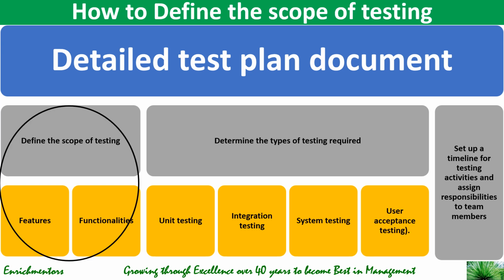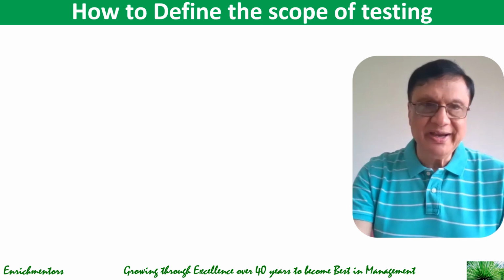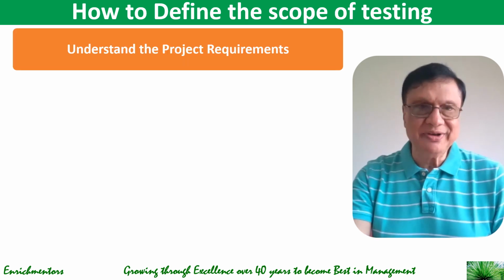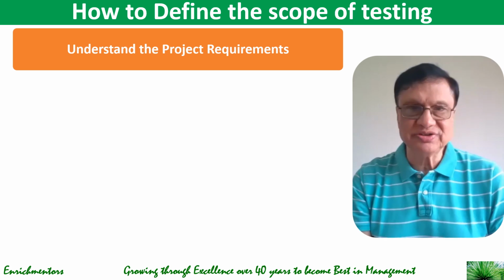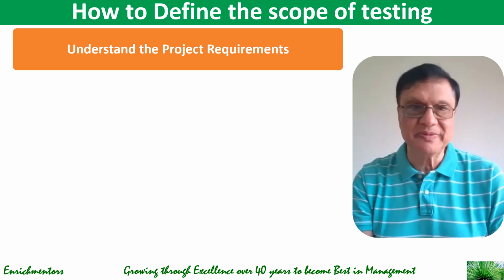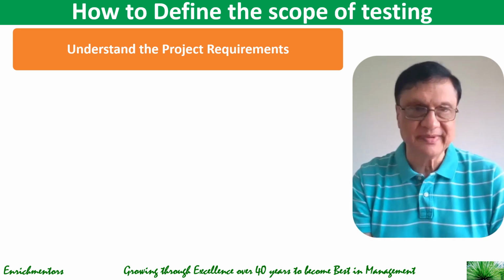A question you might have is how to define the scope of testing. It starts by understanding the project requirements, where you gather requirements and review project documentation such as business requirements, functional specifications, and user stories.